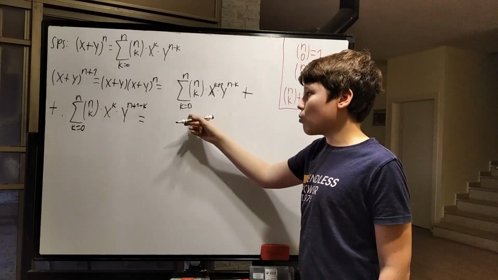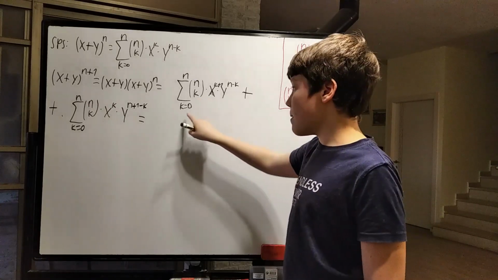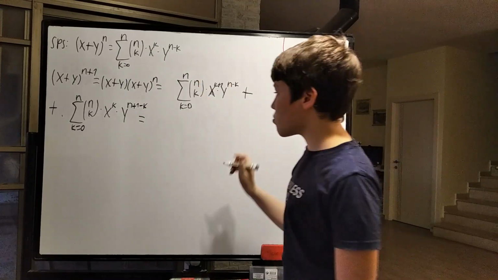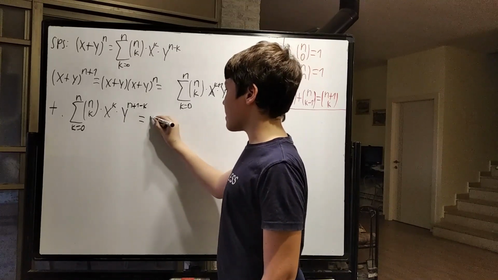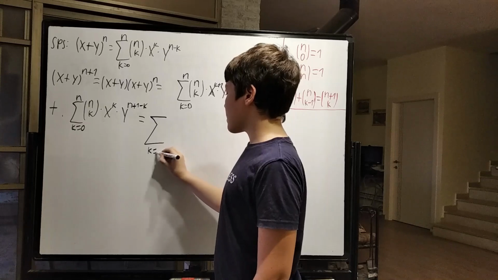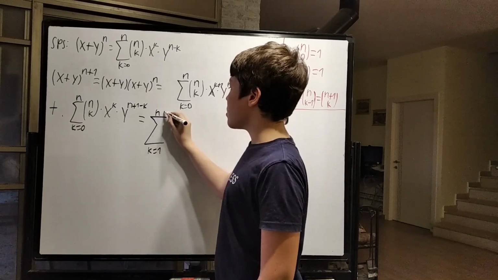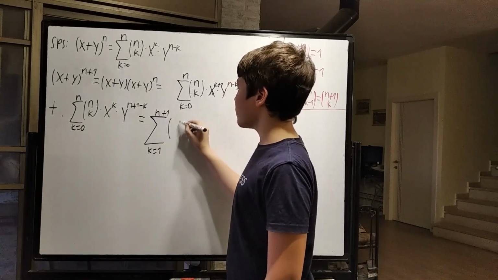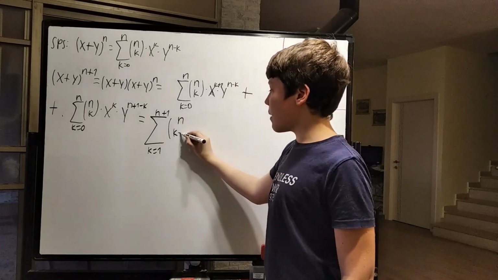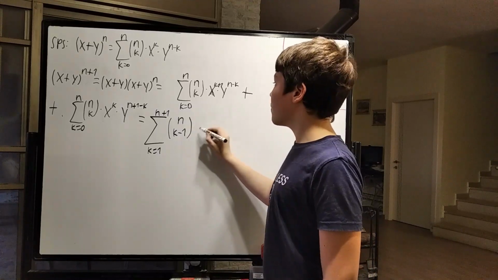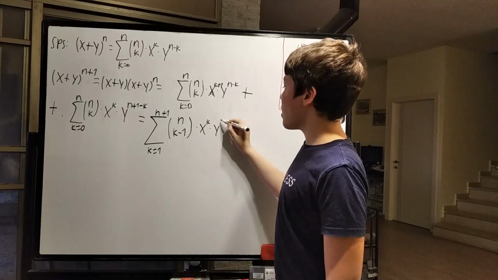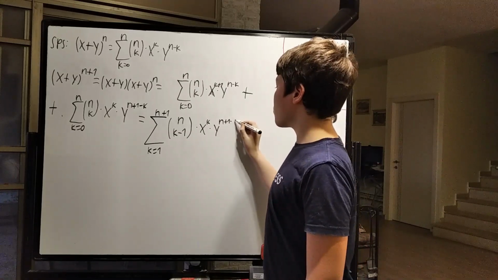This k will turn to k minus 1. And then this will go instead from 0 to n, from 1 to n plus 1. So let's write that down. We'll have the sum as k goes from 1 to n plus 1 of n choose k minus 1 times x to the k times y to the n plus 1 minus k.